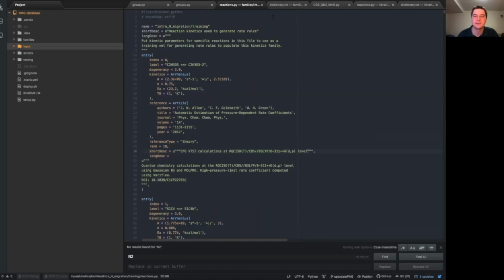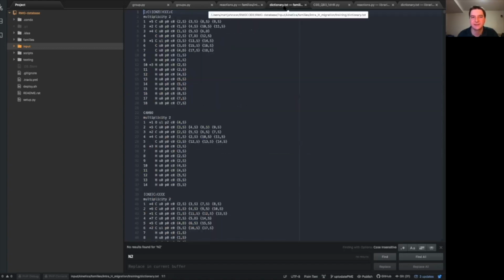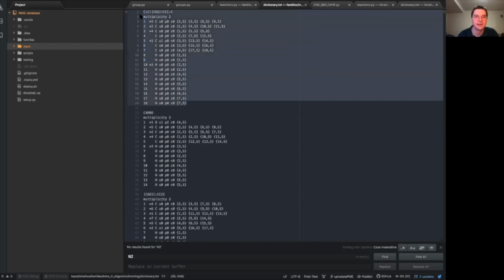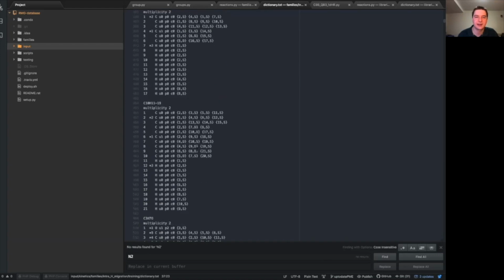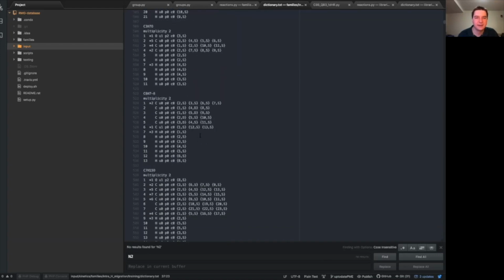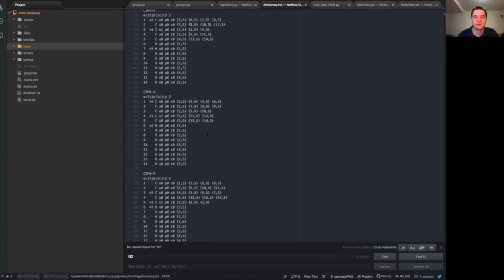But more particularly, these reactions are stored with the labels on them. And this is very important because it lets you figure out where they go in the tree. And so you'll see that these reactants all have the associated labels.